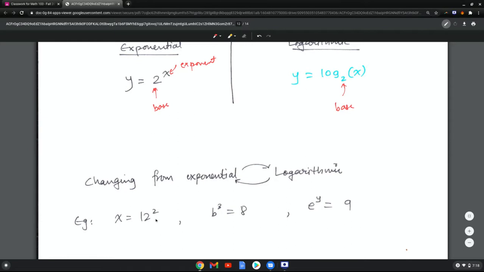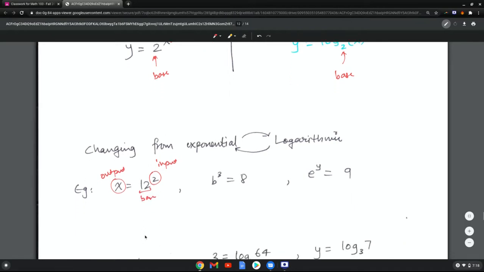Now this is exponential, right? Now identify that this is the input, this is the output, and this is the base. So if I have to rewrite, I switch input and output. So 2 is now the output. I use the word log. The base remains the same.